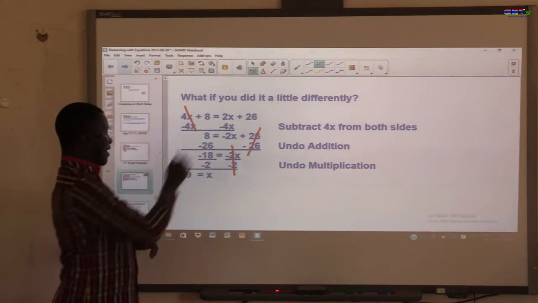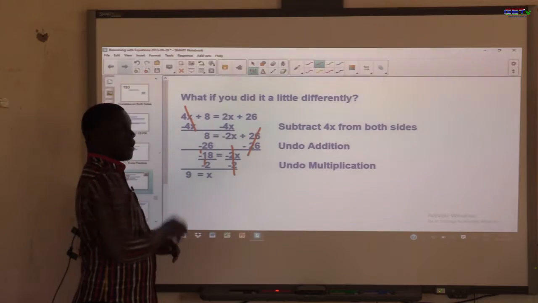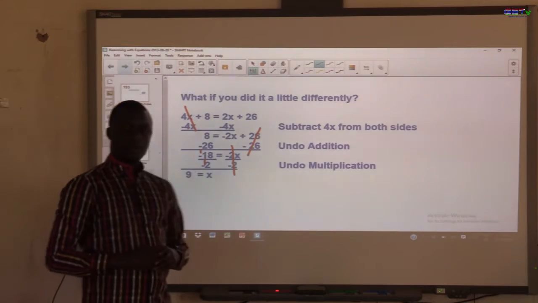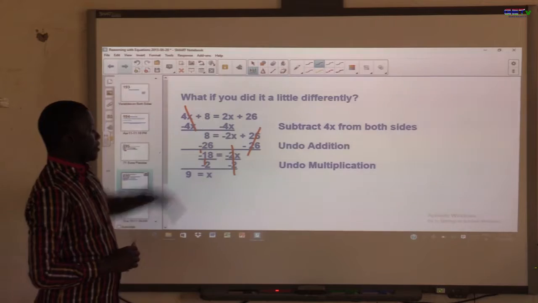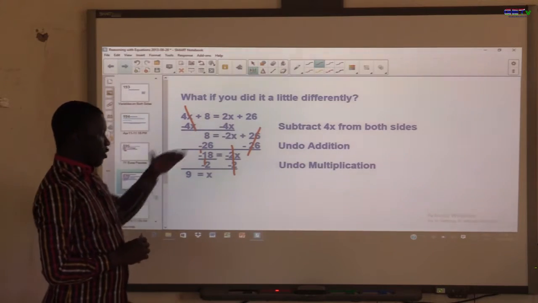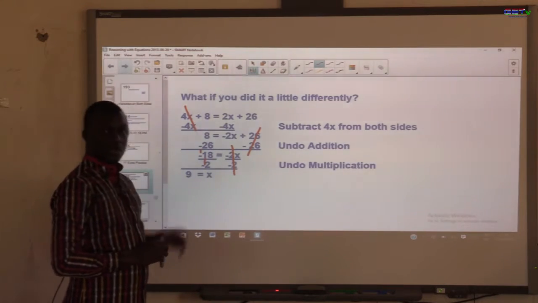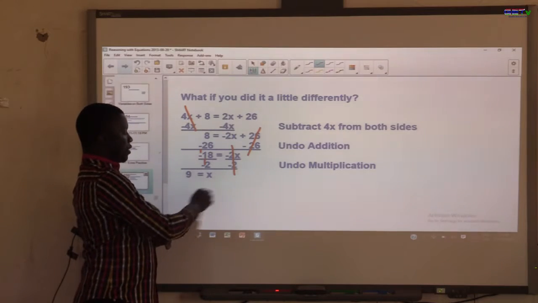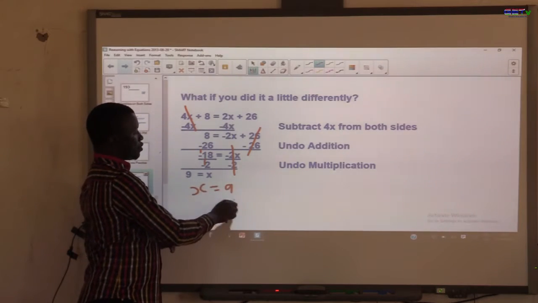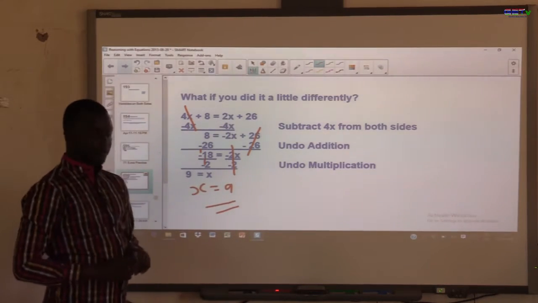And a negative number divided by a negative number, the negative cancels out, so our answer will be positive. 18 divided by 2 is 9. So 9 equals x, or x equals 9.